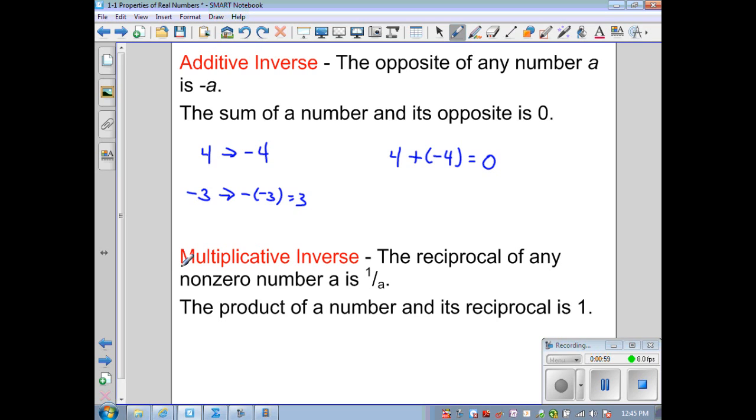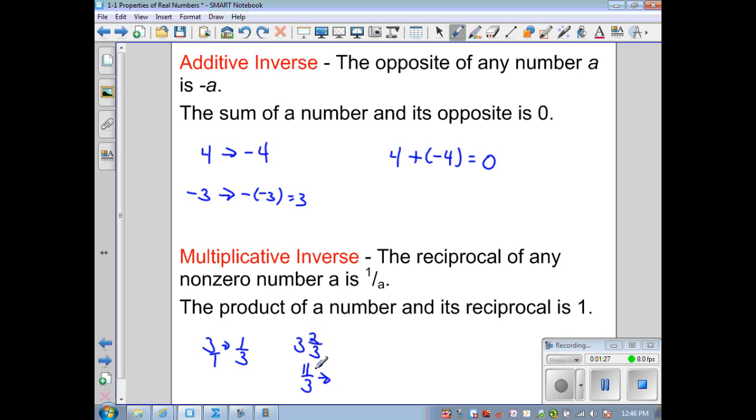Multiplicative inverse is the reciprocal of any non-zero number. The reciprocal of a is 1 over a. Therefore, if I have the number 3, its multiplicative inverse is going to be 3 over 1, therefore 1/3. If my number is 3 2/3, its fraction is 3 times 3, which is 9, plus 2 is 11/3.